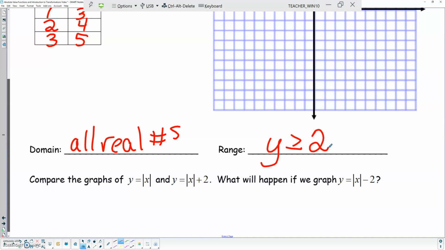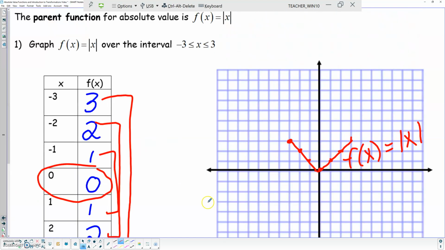All right, so now in this next part is where we talk about the transformation. So it says compare the graphs of y equals the absolute value of x and y equals the absolute value of x plus 2. So if I go back to my first graph, here's y equals the absolute value of x. So my vertex was at (0, 0).